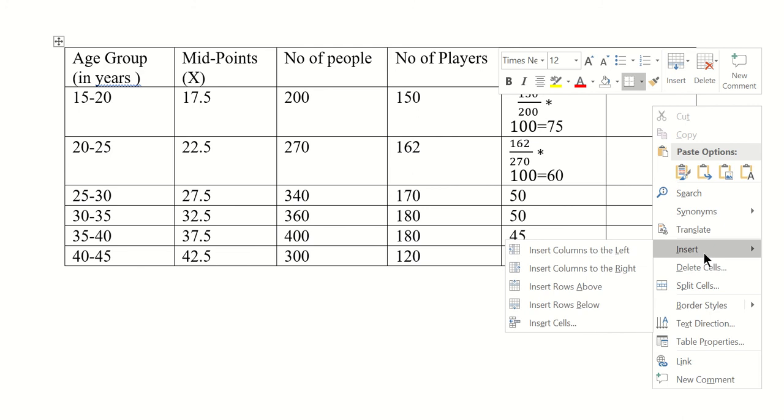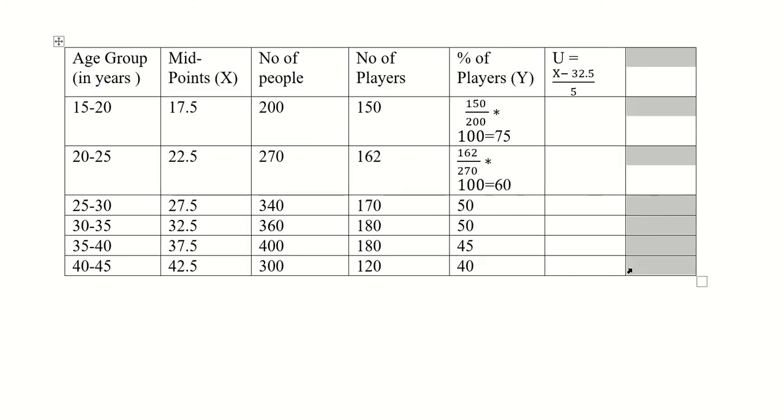So insert a column to the right. So this is v.